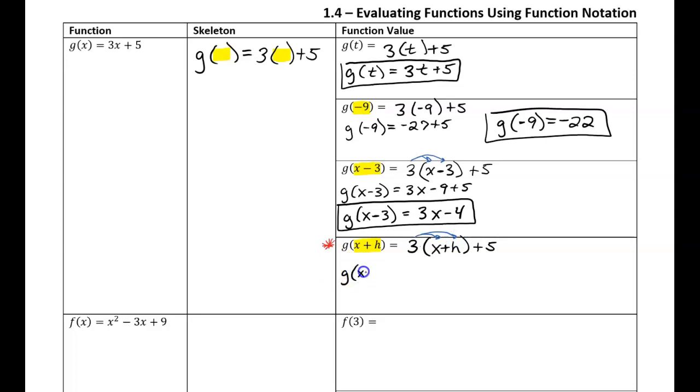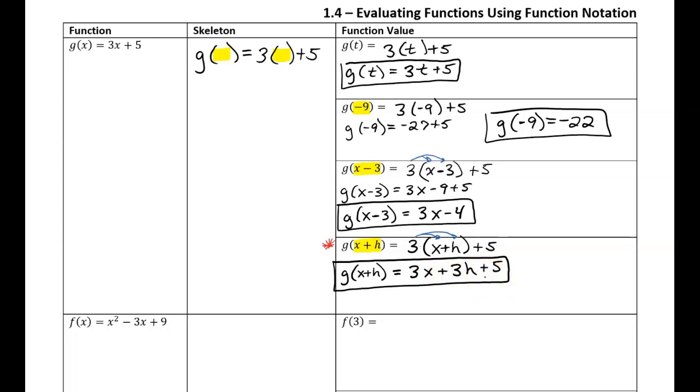So I'm going to have g of x plus h, this new value that we found by doing the evaluation, is going to equal 3x plus 3h plus 5. And everything in there is different. There's no like terms, there's no common values here that we can combine. So that is, in fact, my answer.